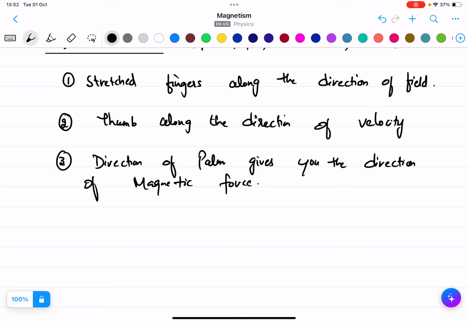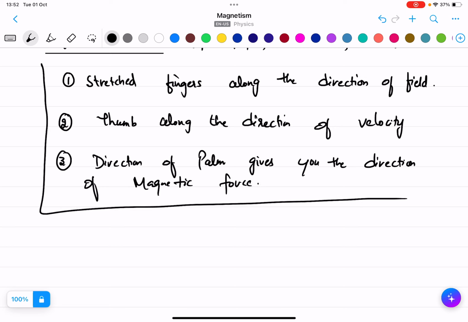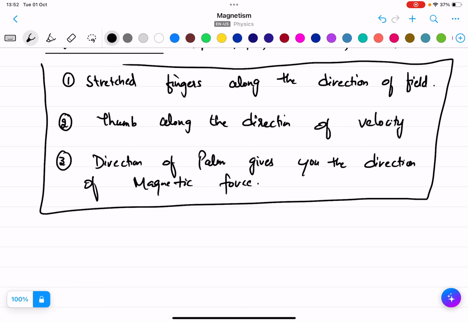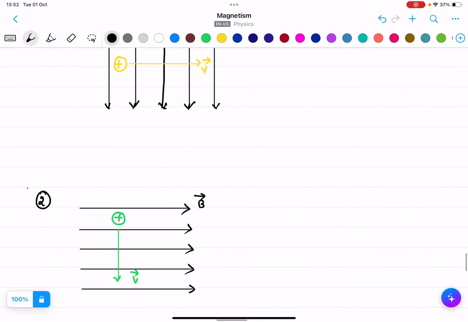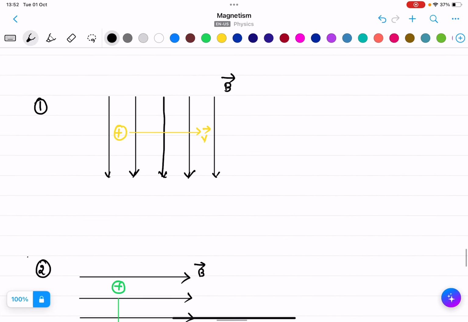That means whatever the figure is given to you, you need to put your hands like this, and then you will find the direction of palm. I will explain you now, but I will suggest you to go watch a small YouTube video showing how to determine the direction of force using the right hand rule.